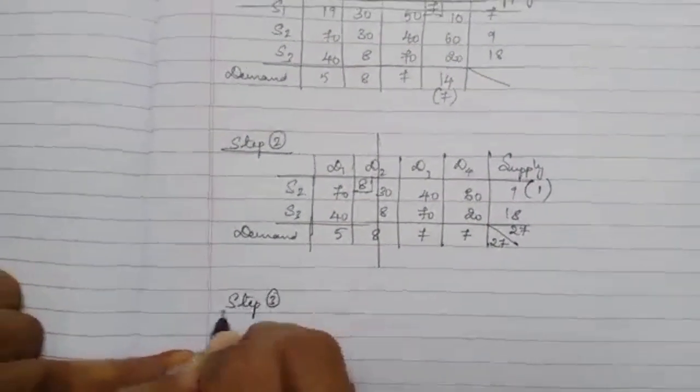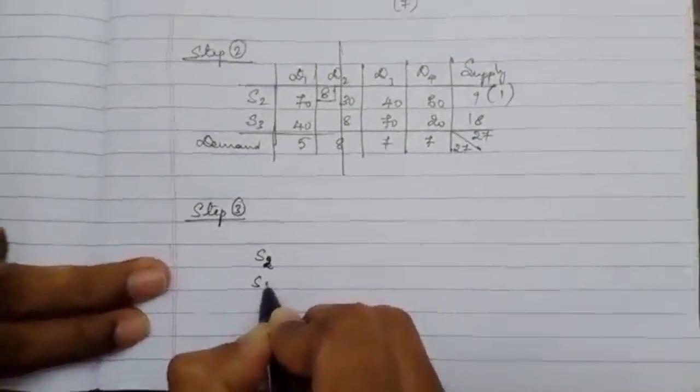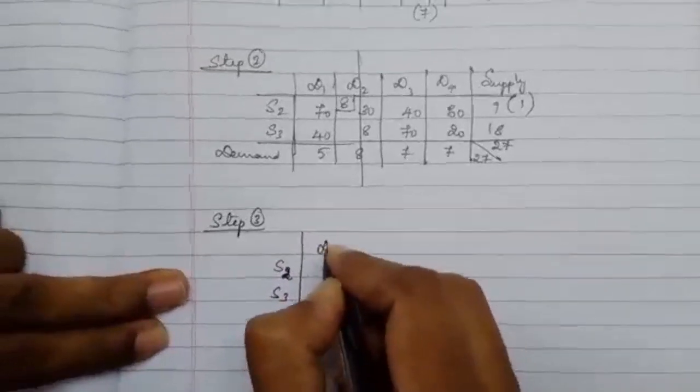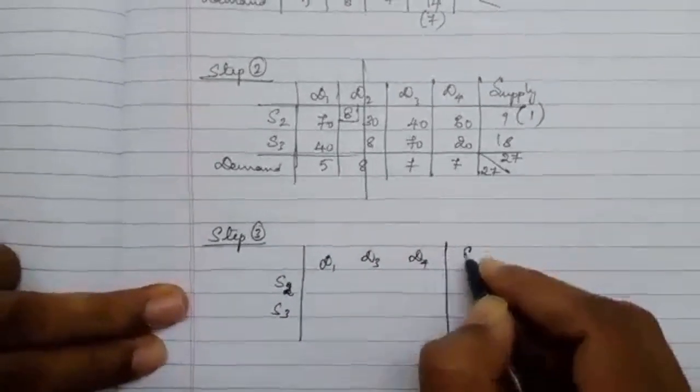In the next step, we have S2, S3, D1, D3, D4 and supply.